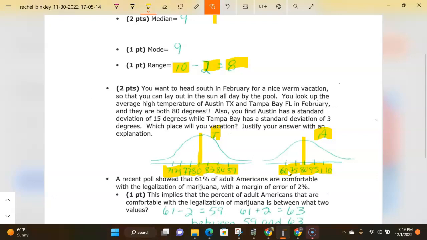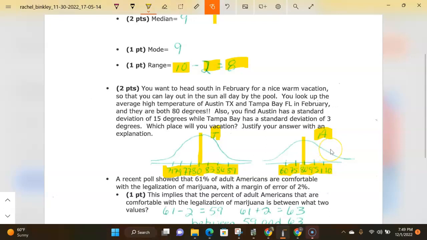But what we know is that if I would have written those other numbers, 99.7% of the time the temperature in Austin in February is between 45 and 125, well, that actually doesn't tell you much. It could be super hot or it could be super cold. Not super cold, but not lay out by the pool warm.